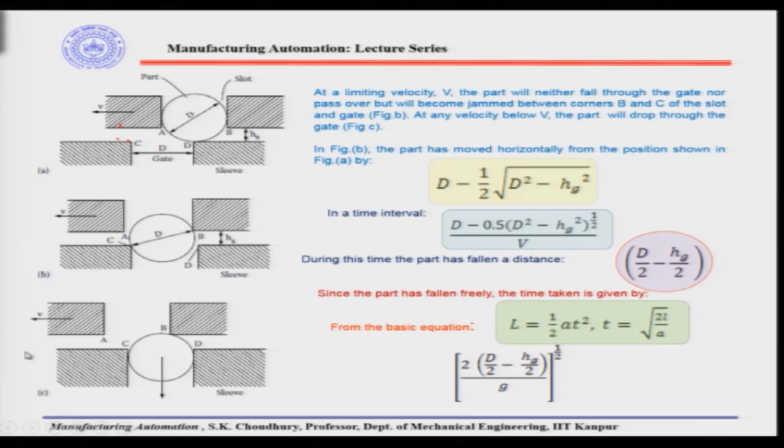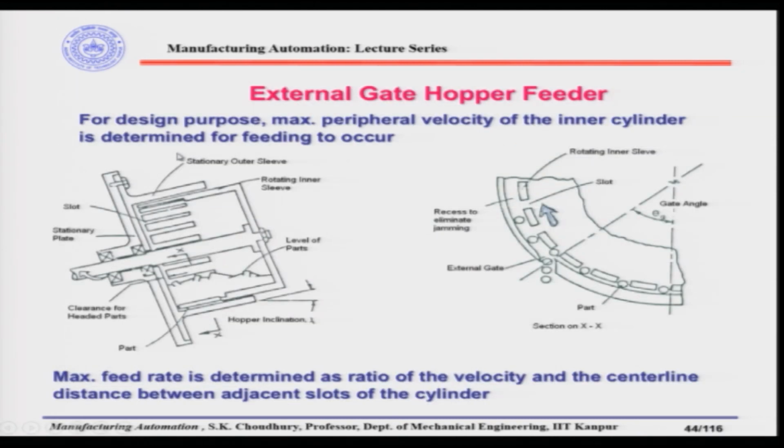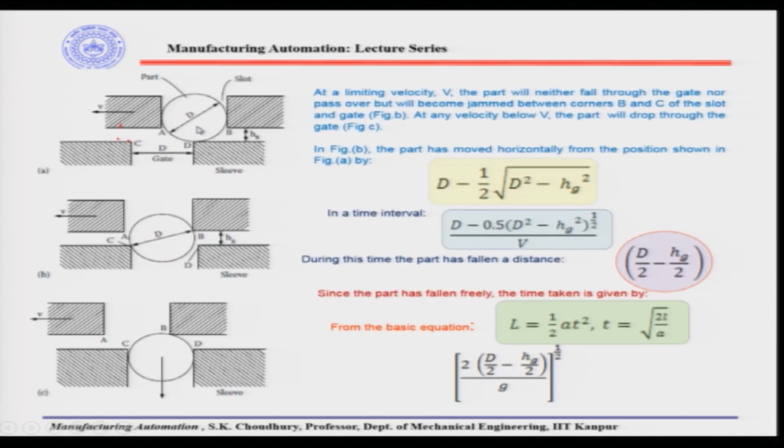To find out, while moving from this position A to this position B, how much horizontal distance the part has covered, this will be equal to d by 2. As we are discussing in the case of the external gate hopper feeder, what we have to find out now is the critical velocity, and we know the distance travelled.